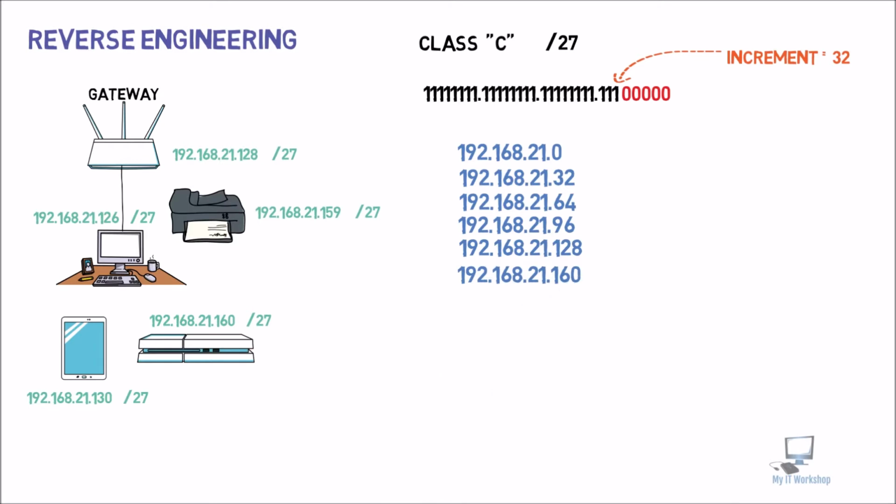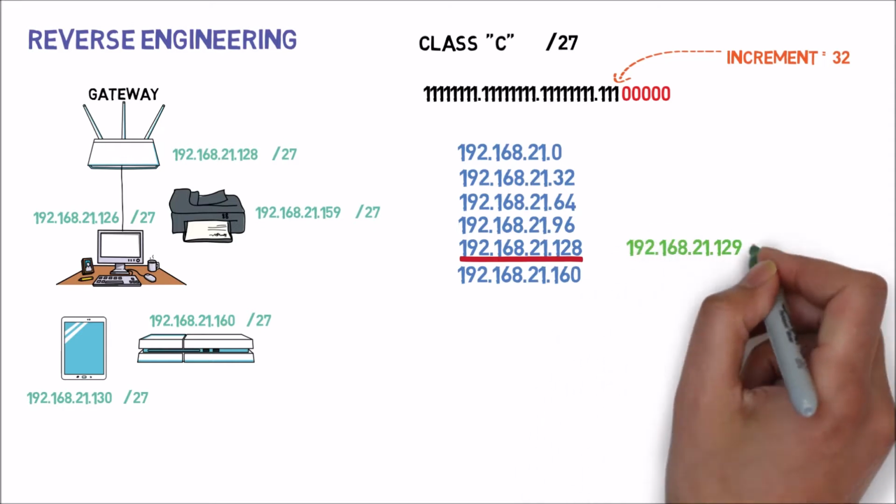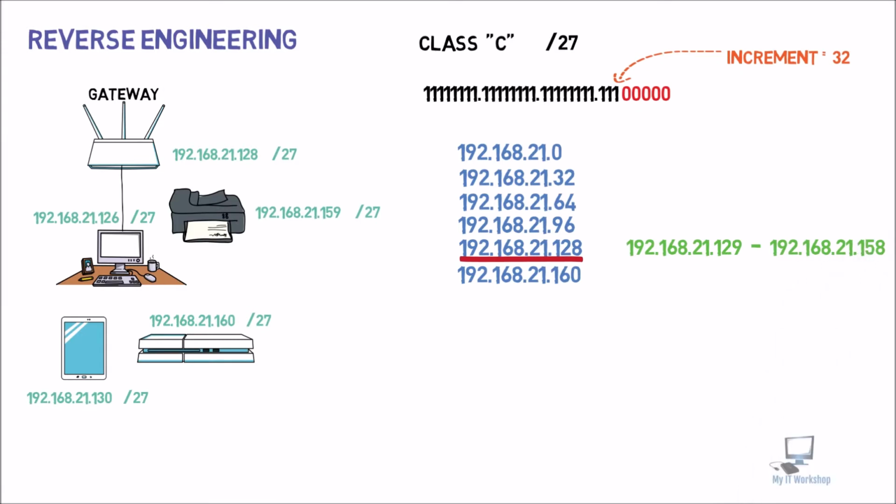The next is going to be 160. But wait, I don't need to go further because I have found my network, which is 192.168.21.128. Why? Because all the IPs that I have in this example have a number around this network ID. So I have the range from 21.129 to 21.158.